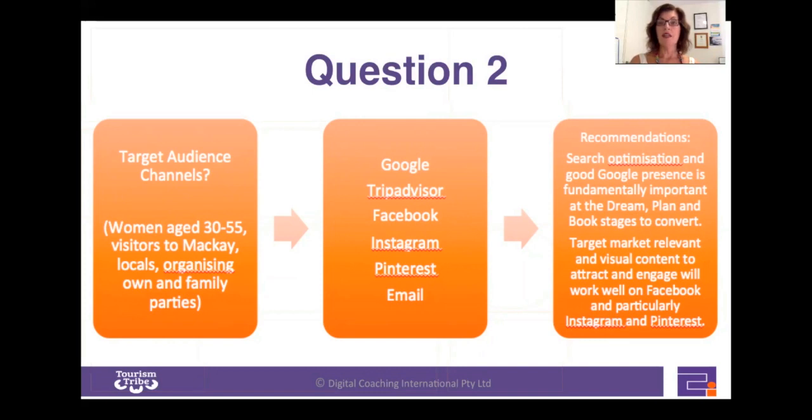And email marketing. So the recommendations here are search engine optimization and a good Google presence. That's really important at the dream, plan and book stages to convert. Target market relevant and visual content to attract and engage will work well on Facebook, and particularly Instagram and Pinterest.